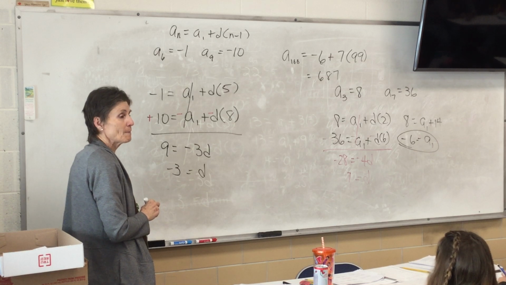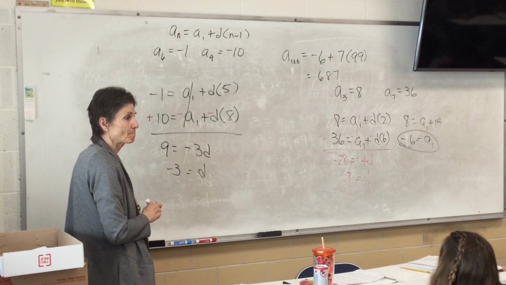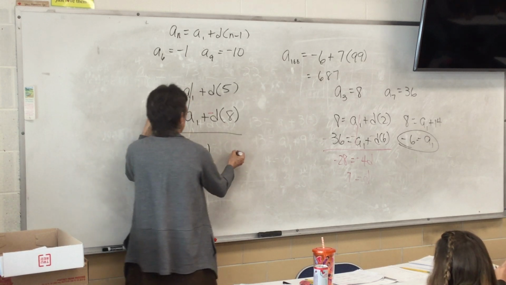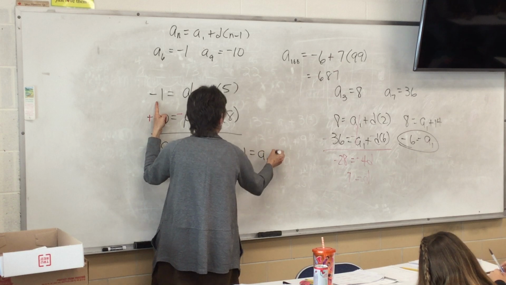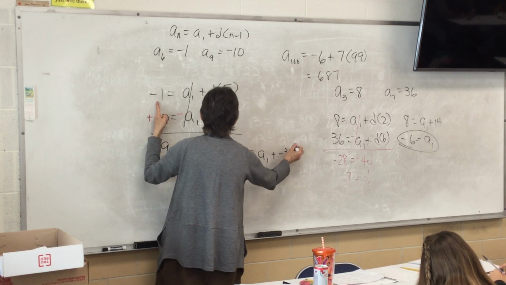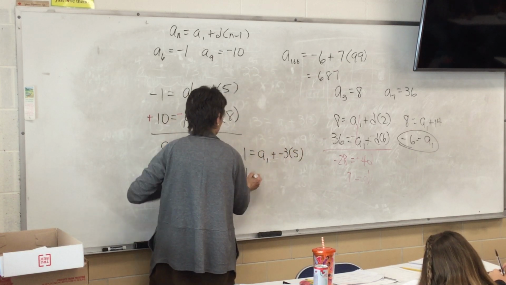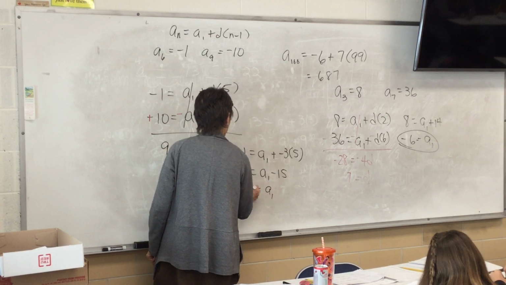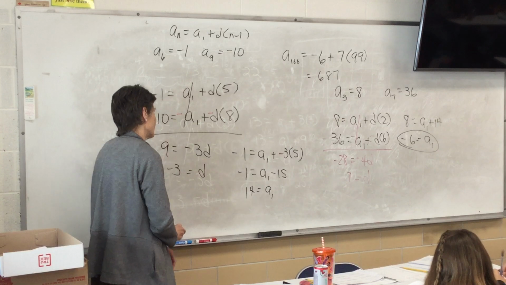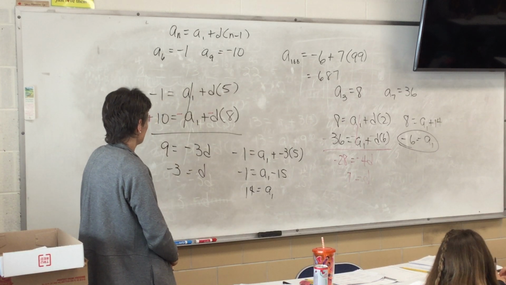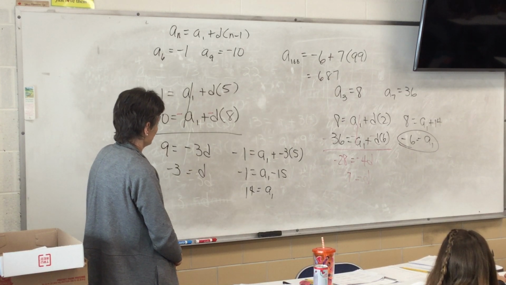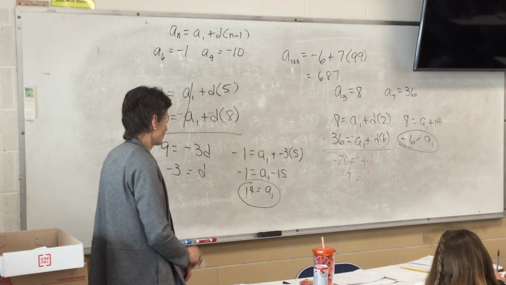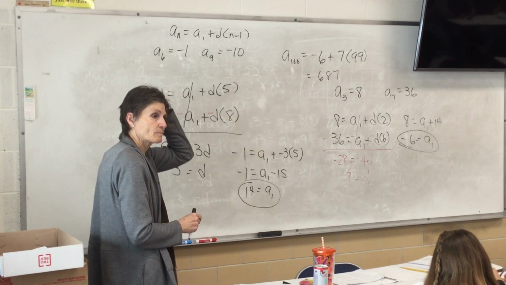What do I do now? Plug it in. So one of these, I'll just use the top one. So negative 1 equals a sub 1 plus negative 3 times 5. Oh gosh, I got 14. What do you think? Is that okay? You got 14?